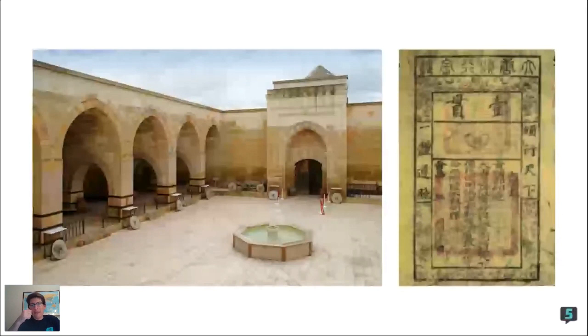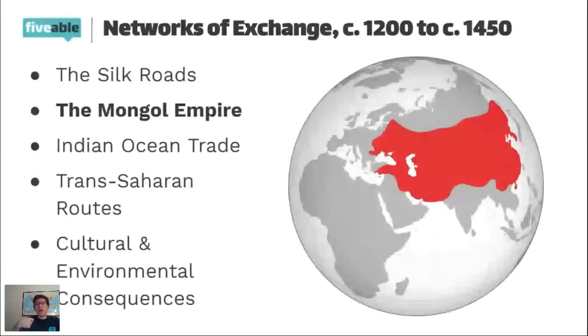As I said, the Silk Roads reach their height under the Mongols. The rise of the Mongol Empire is led by Genghis Khan, Chinggis Khan, spelled however many different ways it's transliterated.